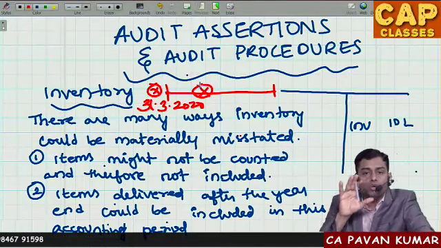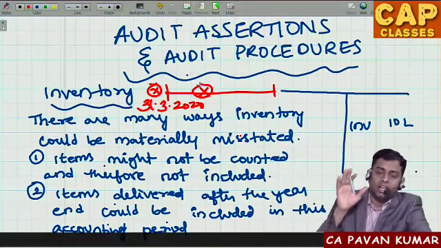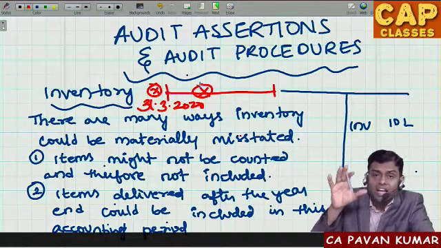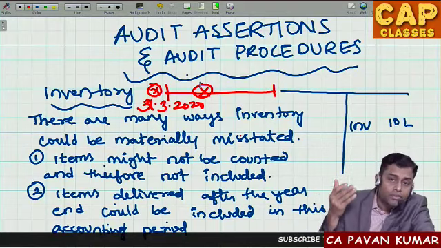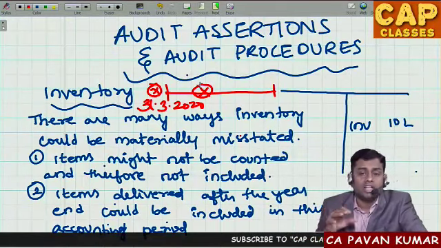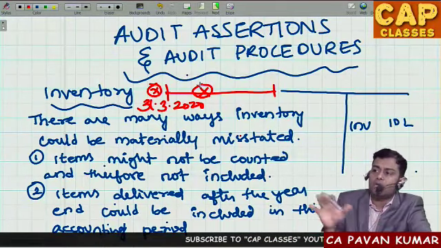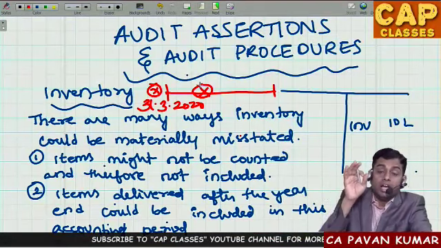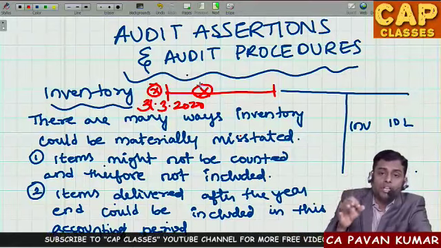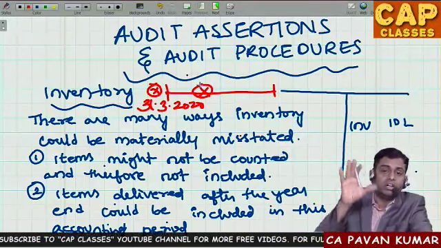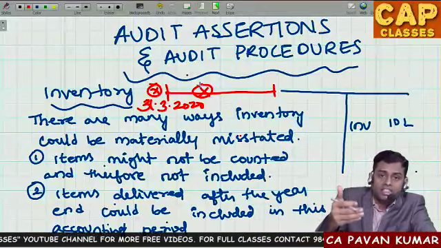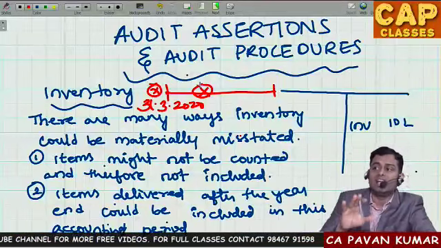Usually, when can you record purchases or sales? If you remember your Sale of Goods Act, or Accounting Standard 9 revenue recognition, or even IFRS 15, revenue from contracts with customers, or Ind AS 115, all these accounting standards and legal provisions speak about the same thing. If the ownership in the goods is transferred, if the risks and rewards associated with the ownership are transferred, only then is the sale complete.